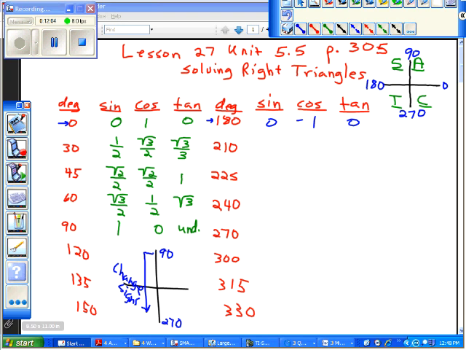So for 270, you're really going to look at 90 because it's the opposite quadrantal angle of 90, and you change the sign. So for 270, what's the sine of 90? 1, but I need the opposite sign, negative 1.